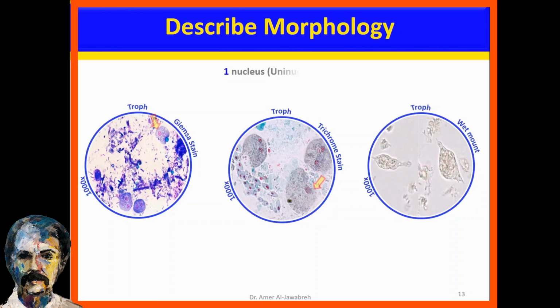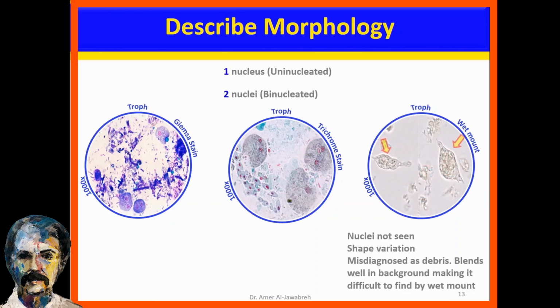Unless you make a stain, and here you have one nucleus, here we have two, here we have two also, here we have one. The nuclei are not seen in this one, shape variation, misdiagnosed as debris. When you look at them, you see them like debris, because it blends well in the background. It merges very easily with the background. Like camouflage, you know.